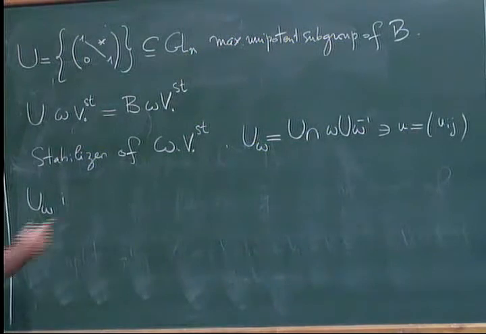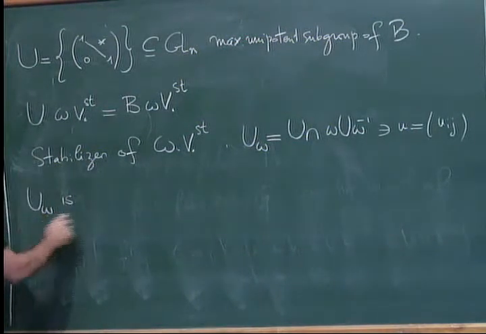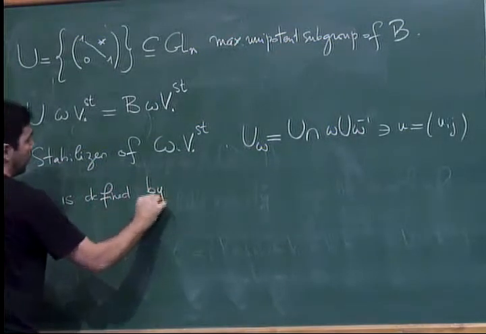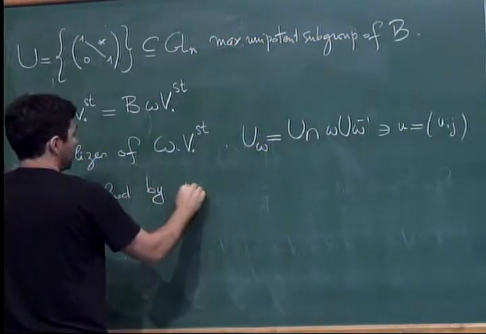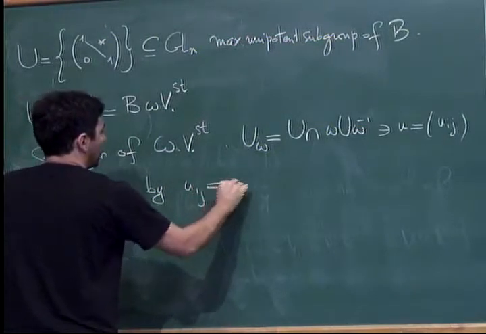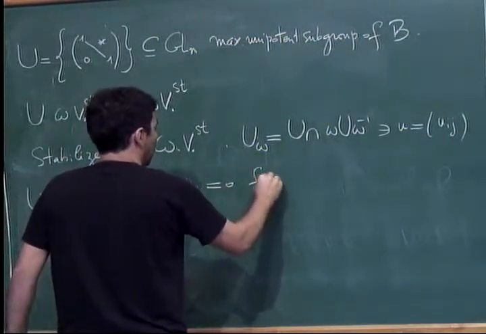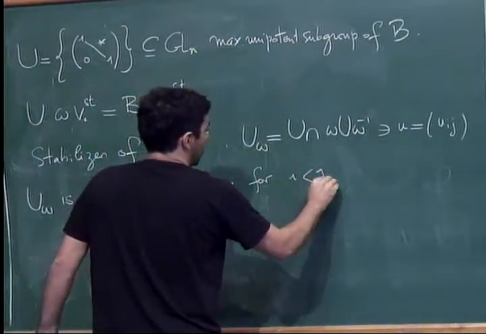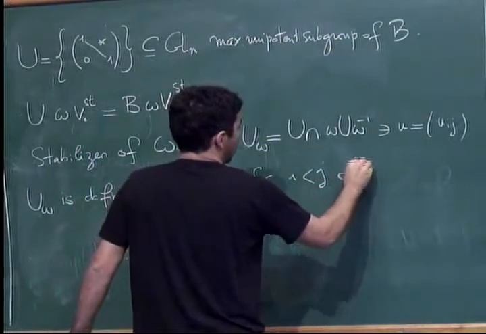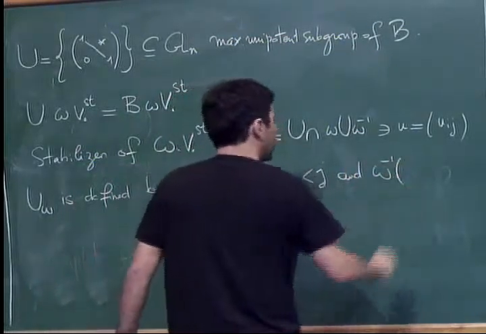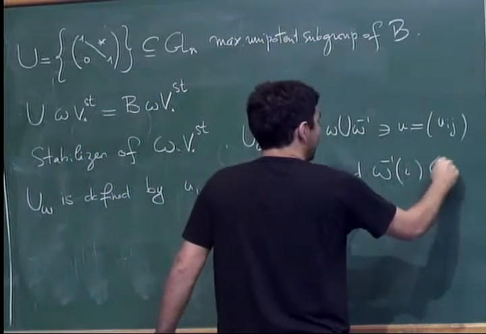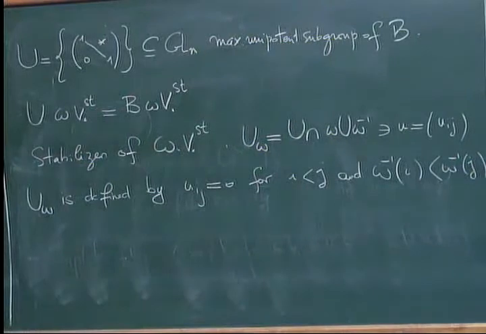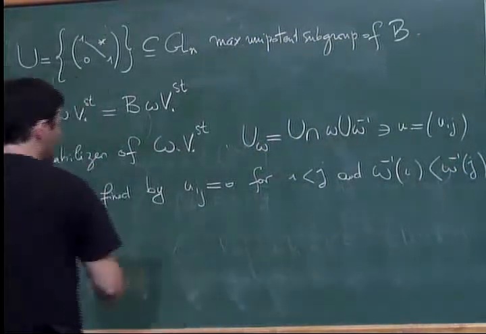So you can see easily that U_omega is defined by the equations u_ij is 0 for i less than j and omega inverse of i less than omega inverse of j. These are exactly the conditions you get.